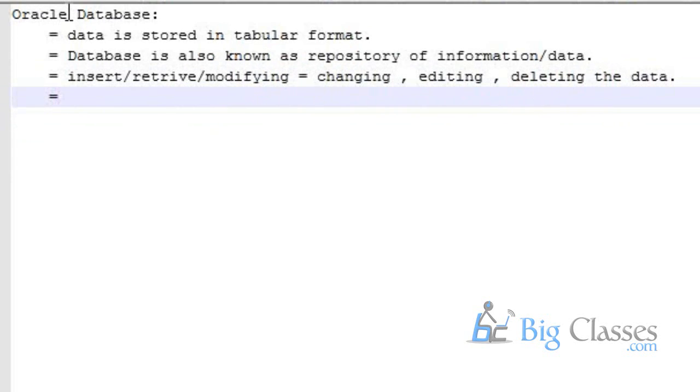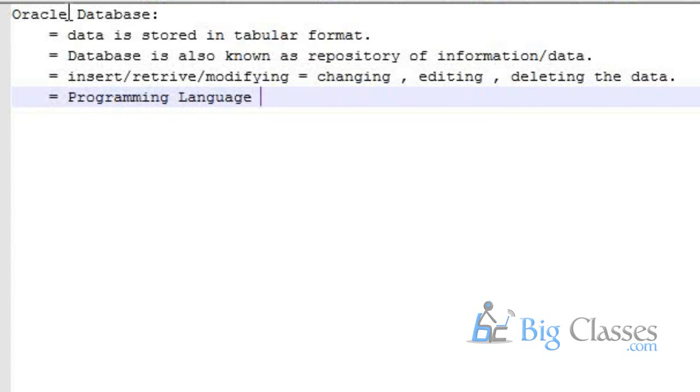How will we do that? We need some programming language to insert data into the database, retrieve data, and modify data.